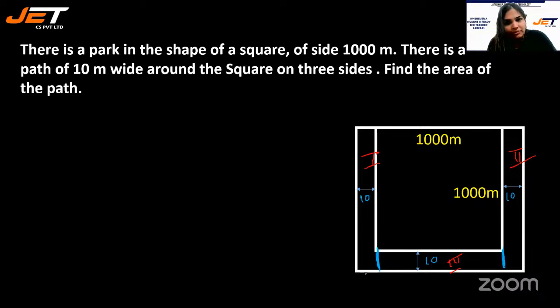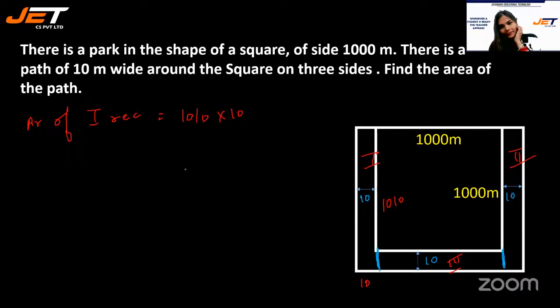So if I talk about the length and the width of the rectangle, this is 1,000 plus 10. This is 1,010 and this is 10. So area of the first rectangle, it's 1,010 times 10. That's how you can do it.